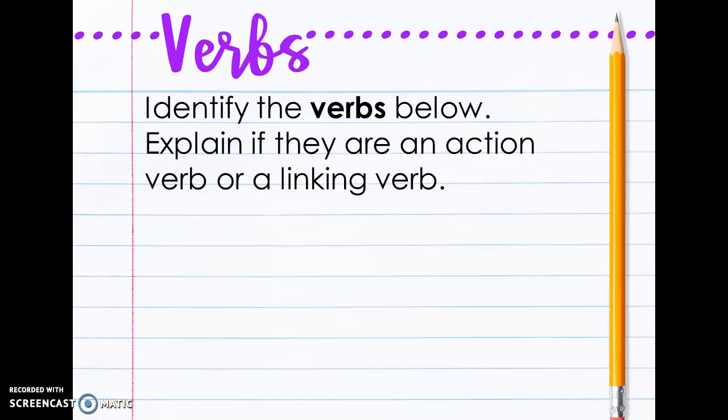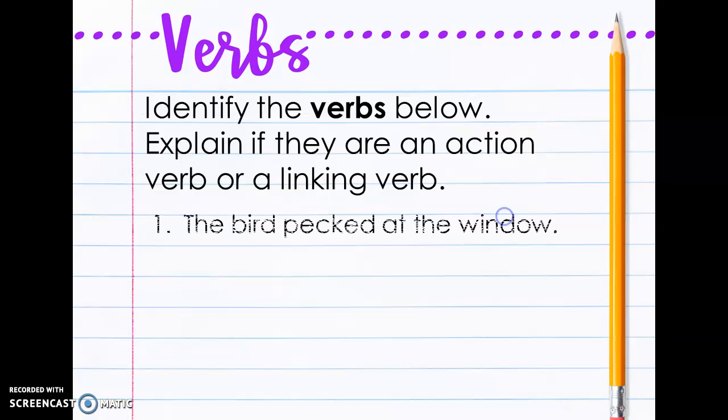Identify the verbs below. So this is something you should also be doing on a piece of paper or whiteboard. Explain if they're an action verb or a linking verb. The bird pecked at the window. If you selected pecked as the verb, you are correct.